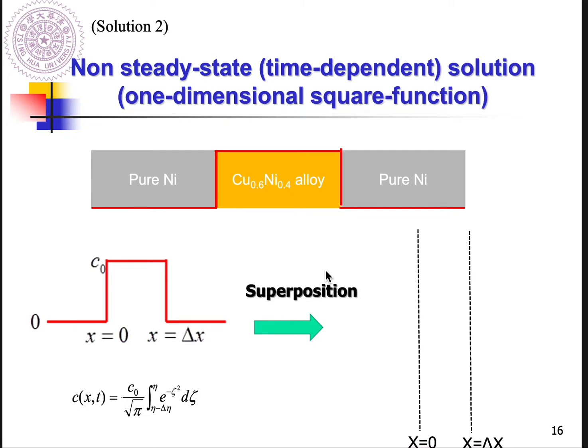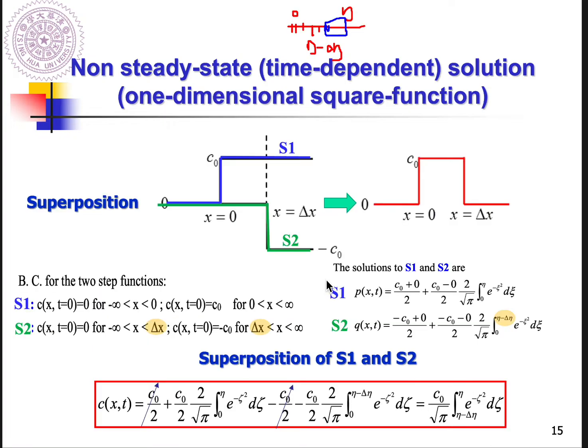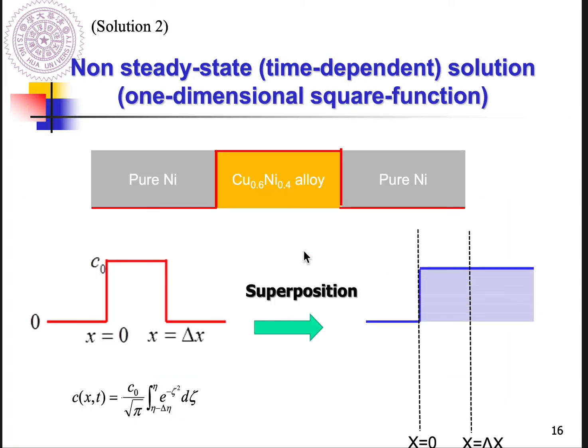Instead of summing these two curves up, you can use the minus. So now we have this step function, and we also can take this step function minus this green step function. Then you also get this square function.